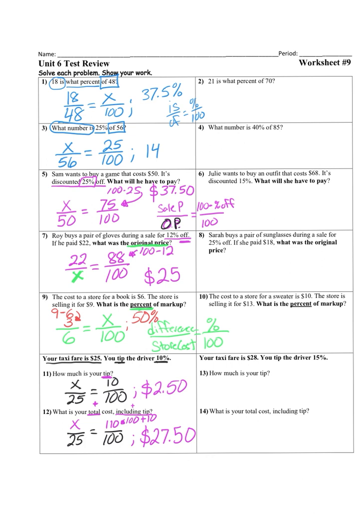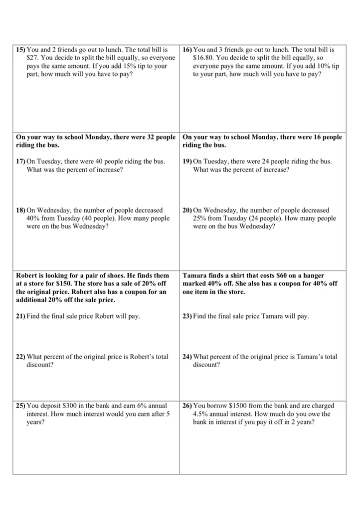Okay? So let's look at page 2. Or in other words, flip it over to the back of your paper. Okay, we are on the back, problem number 15. So as we go through, let's read this story problem and underline things that are going to be important as we read it. You and 2 friends go out to lunch.